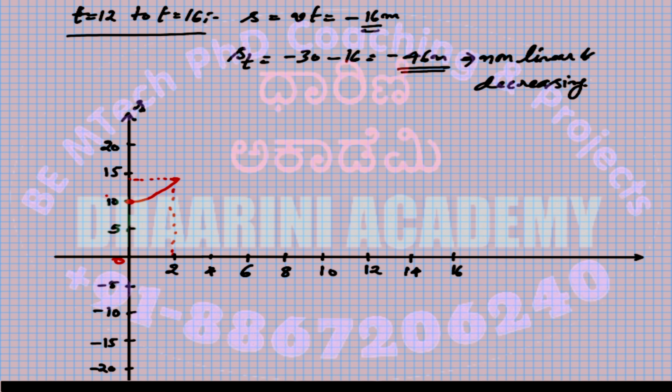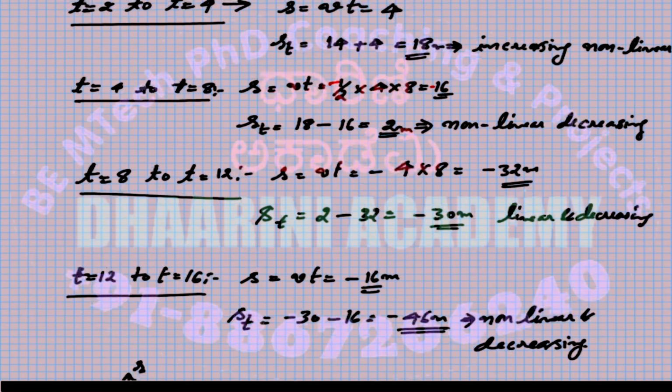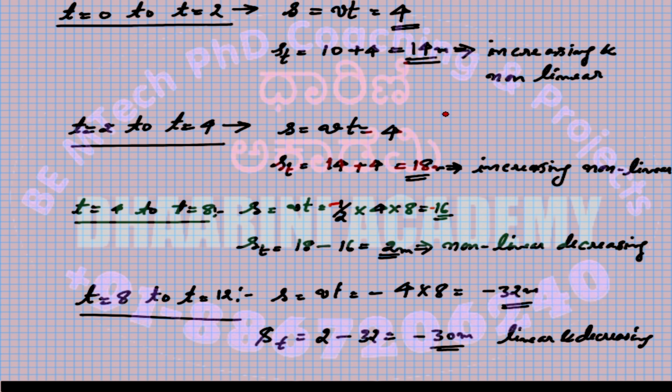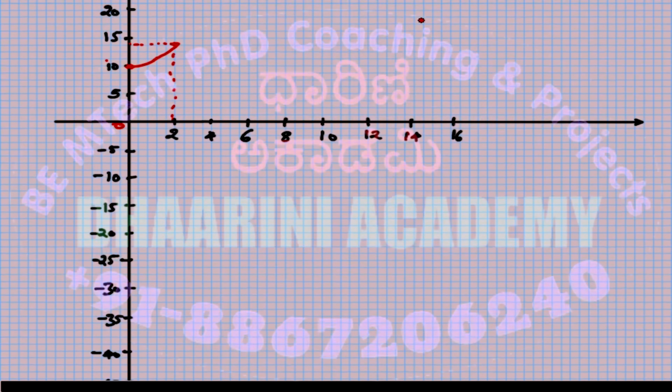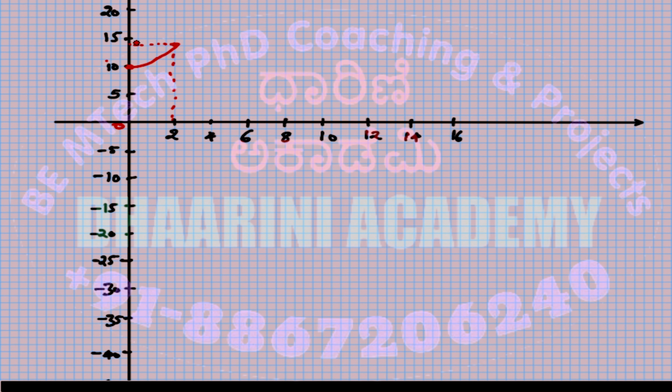Then the velocity decreases 2 to 4, right? But it covers a distance of 4 meters, and you can see that increasing but non-linear. Now it will not increase in the same way as it was increasing earlier. It is in the opposite way. So from 15, maybe 18 is somewhere here.